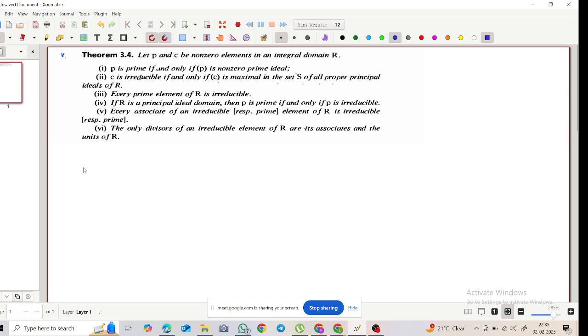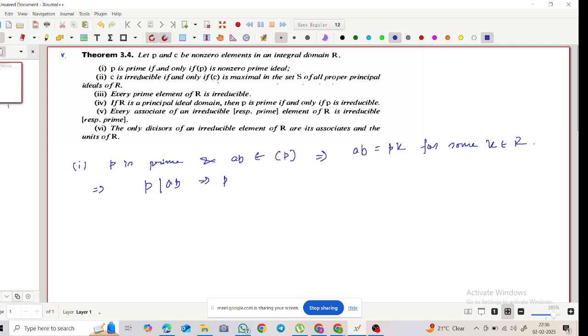So, say one. P is prime, and AB belongs to the ideal of P, which implies AB equals PK for some K, which means P divides AB, which means P divides A or P divides B, as P is prime.